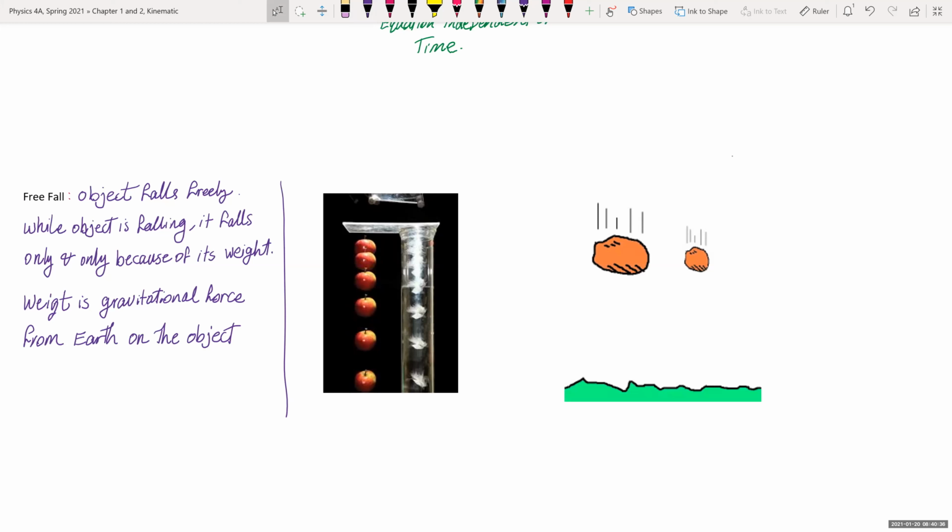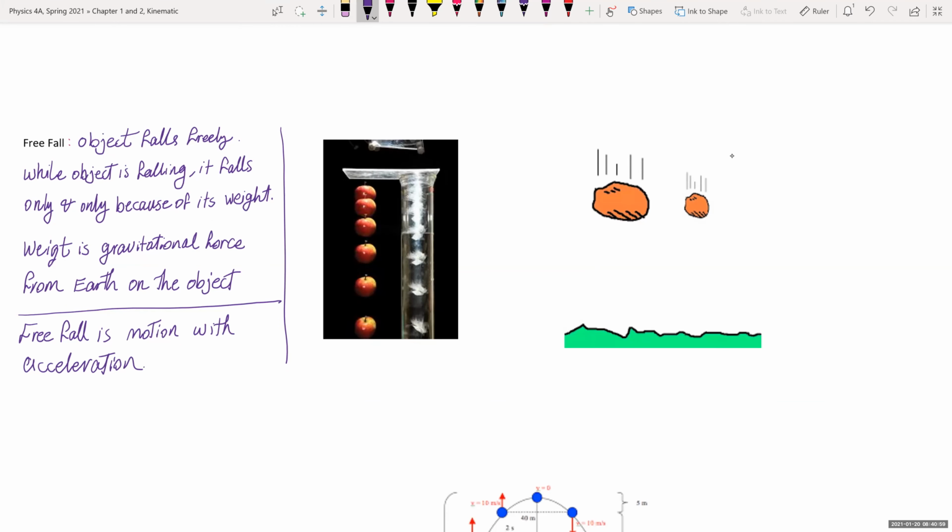If you take a look at this picture, free fall is motion with acceleration. So in reality, free fall is non-uniform motion. Pay attention here.